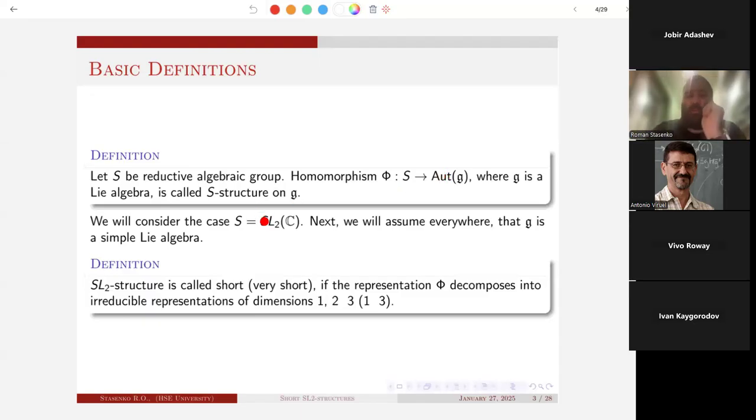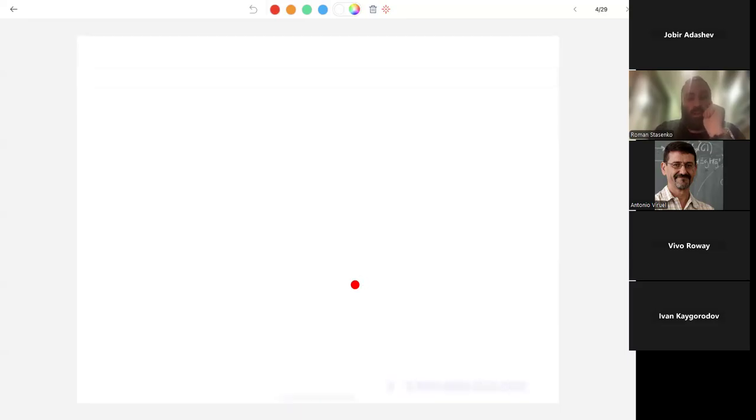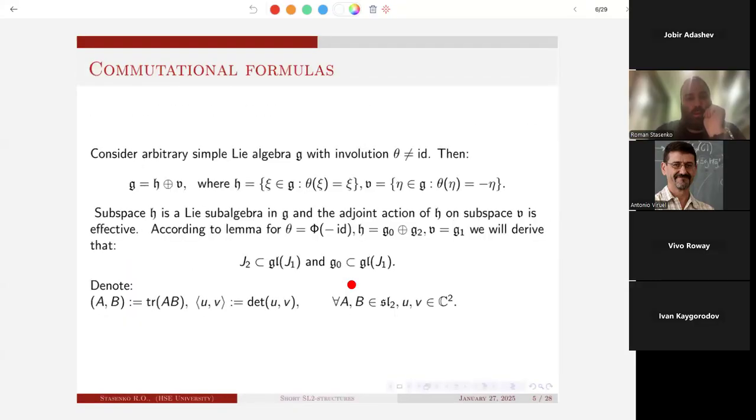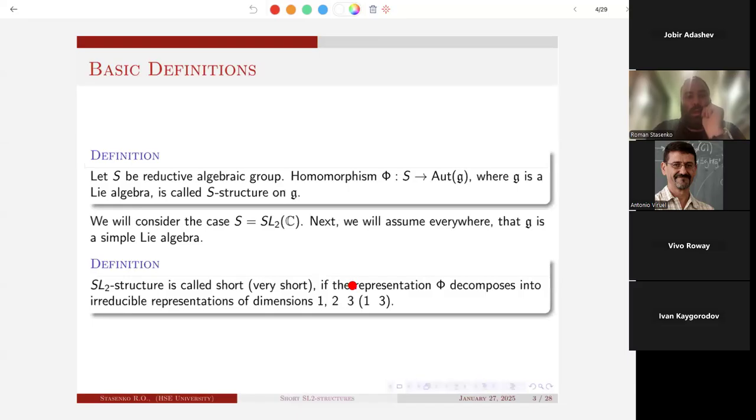If we take SL2, then the theorem of Tits-Kantor-Koecher derives from the assumption that we can use only irreducible representations of dimensions 1 and 3.